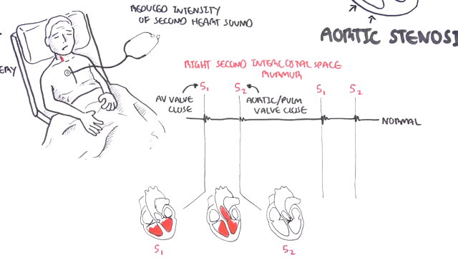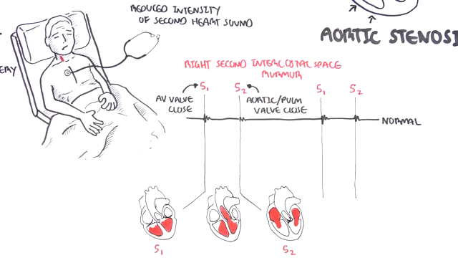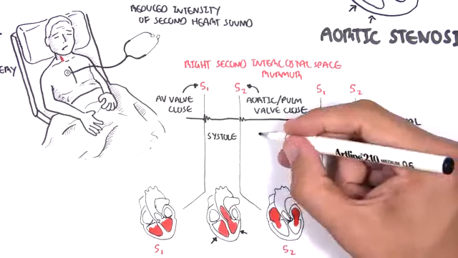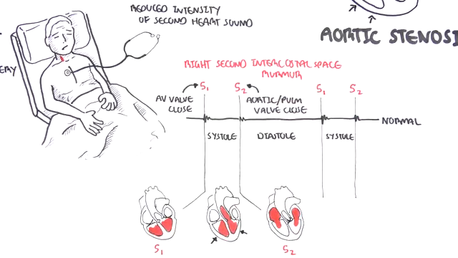S2, your aortic valve closes again, allowing the ventricles to fill back with blood. Thus, we can say that between S1 and S2 is systole, when the ventricles are contracting. And from S2 to S1 is diastole, when the ventricles are relaxed and filled back with blood.